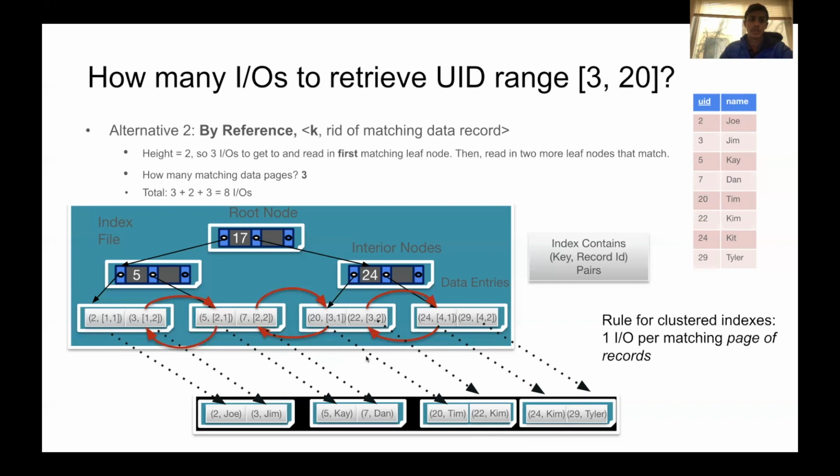So the total is 3 plus 2 plus 3 equals 8 IOs. The rule for clustered indexes is generally that you're going to have 1 IO per matching page of records. This is because when I'm doing range scans, once I pull in the data associated with 5, 7 is right next to it. So 7 will often just be on the same page as 5, and I don't need to do a separate IO to pull in 7's associated data record.